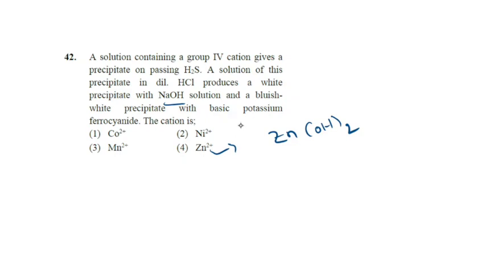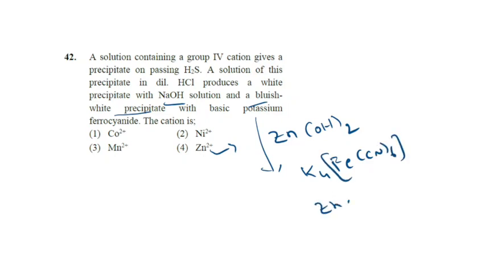It also forms a bluish white precipitate with potassium ferrocyanide, which is nothing but K4Fe(CN)6. When zinc reacts with it, it readily forms Zn2Fe(CN)6, which is bluish white in color, and hence Zn2+ is the correct one.